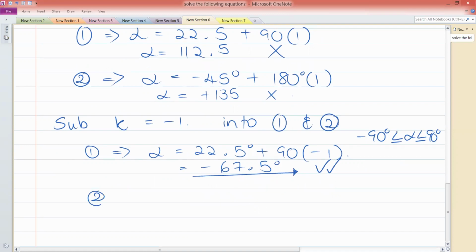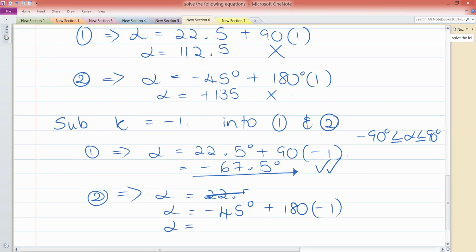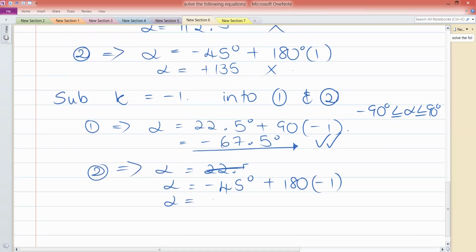If I sub it into the second one, negative 45 plus 180 times negative 1, what do you guys think is going to happen with this one? Is it in our range?